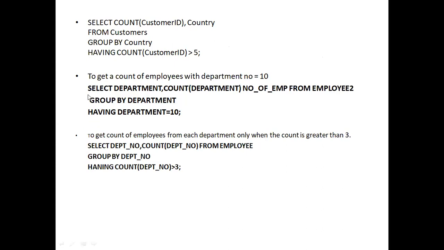Now we'll see some more examples here. From our employee table, I have given a query like select department and count of department number where we are having department number equal to 10. Just now we have used this query with a where condition also, right? But how do you give it with the help of the having clause? We'll see now.